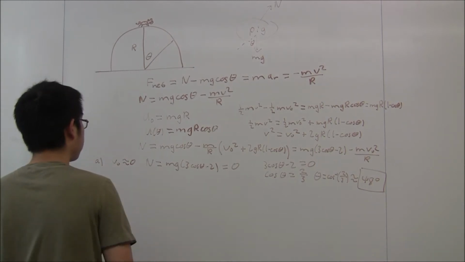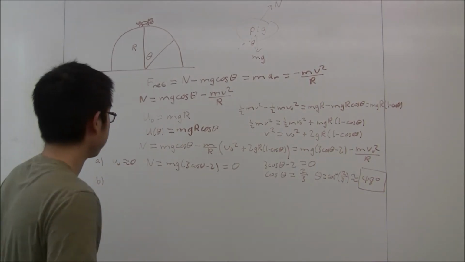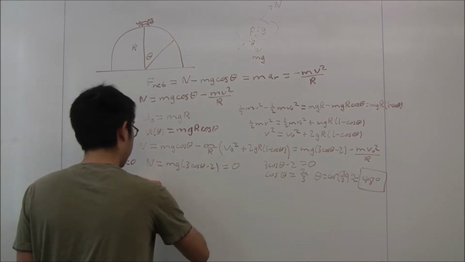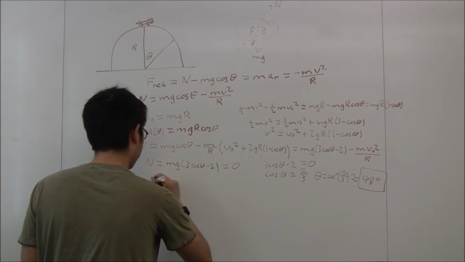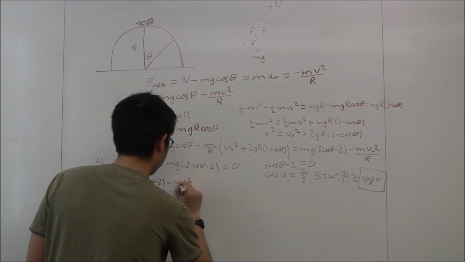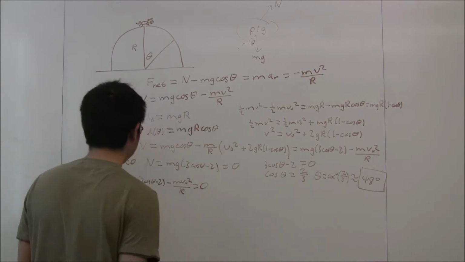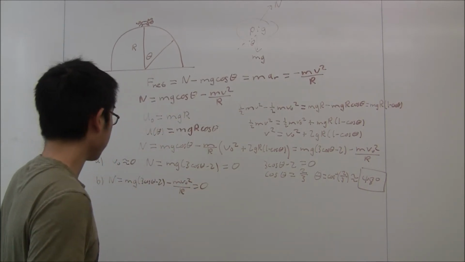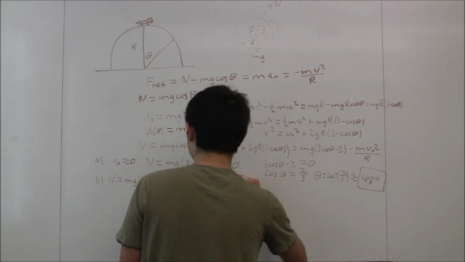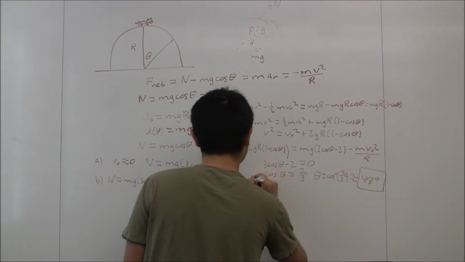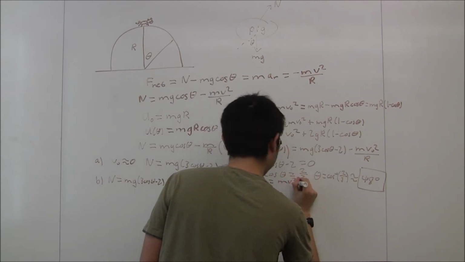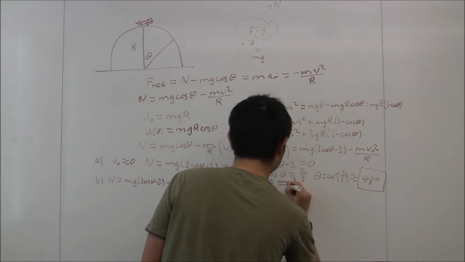Now in part B of the problem, v0 is finite, so our expression for N is mg times 3 cosine theta minus 2, minus mv0 squared over r, and that's equal to 0. So now we have mg times 3 cosine theta minus 2 is equal to mv0 squared over r.